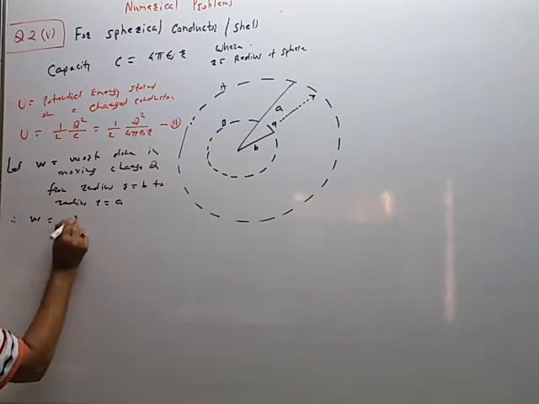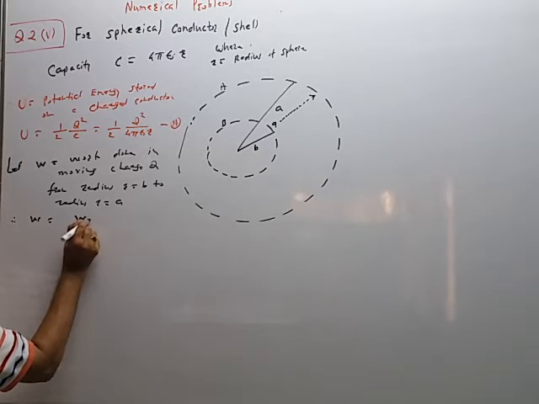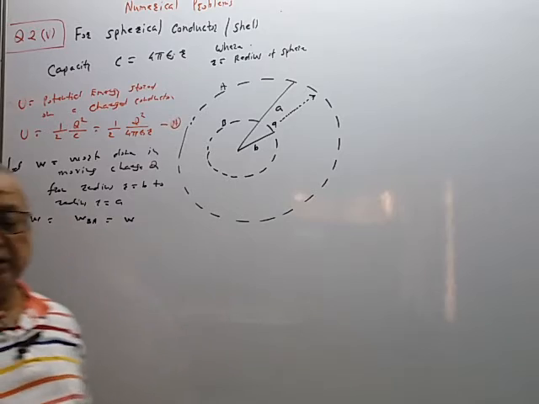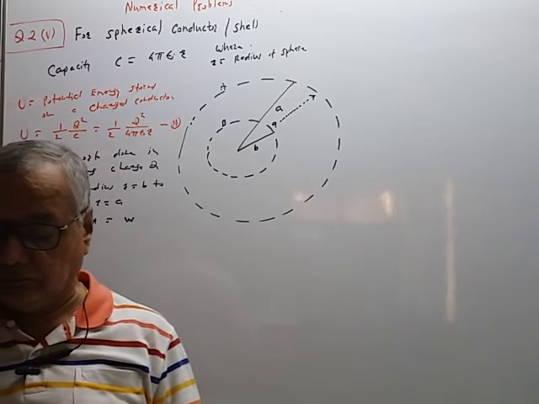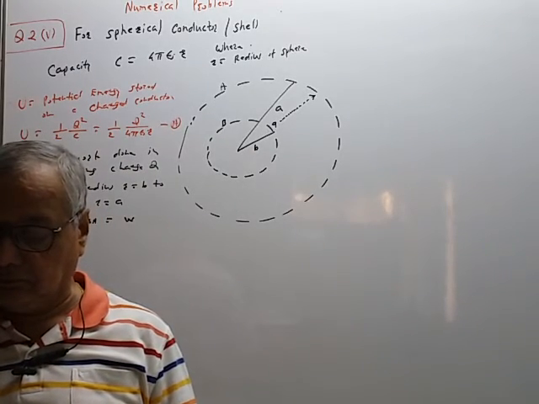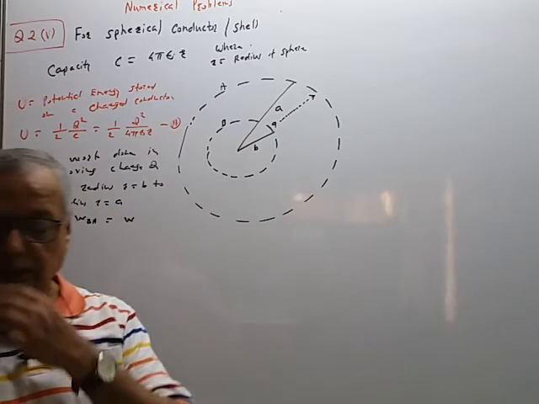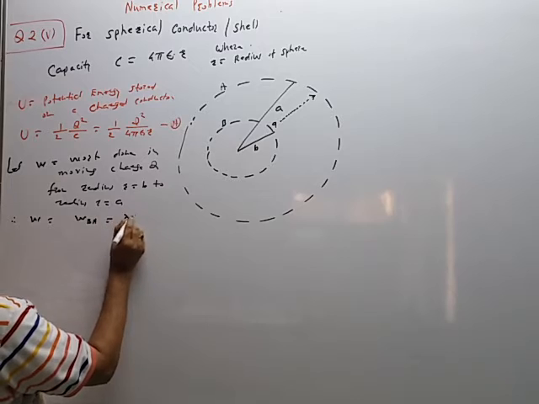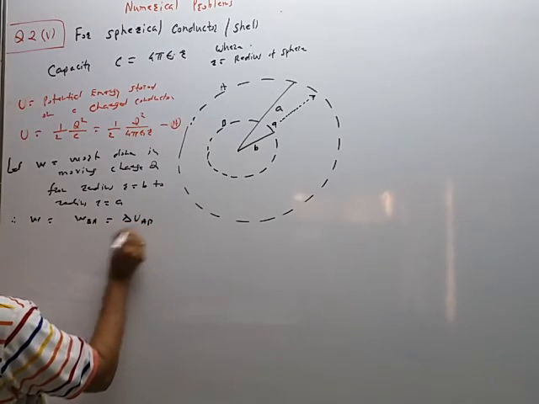Therefore W is equal to W_BA, that is equal to delta U_AB.